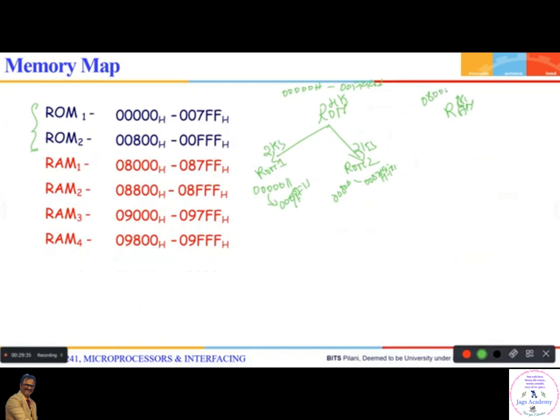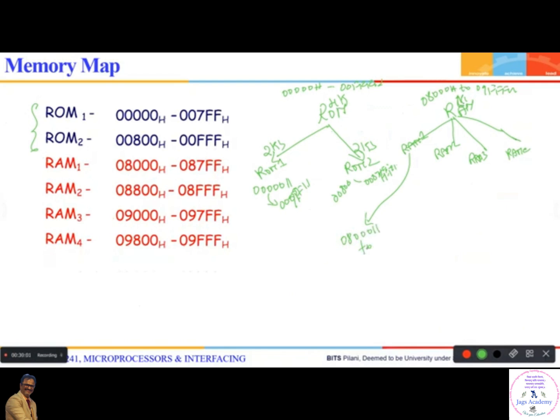Okay. 0800H. What's the ending address? 09FFH. So how many RAMs are required for you? RAM 1, RAM 2, RAM 3 and RAM 4. Okay, what is the address of this? 08000H.